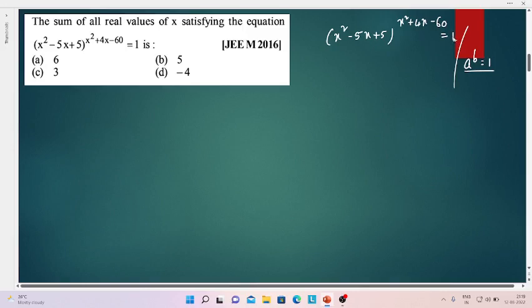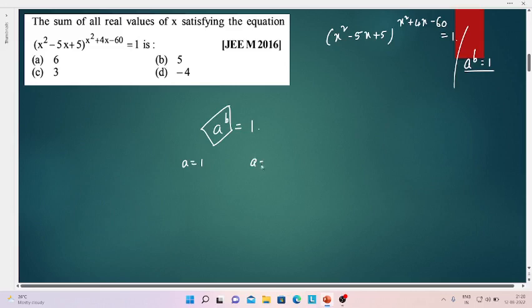So can you tell me for which values of a and b, a to the power b equals 1? Suppose we put a equals 1. For a equals 1, 1 to the power b will be 1. There is no issue, right?